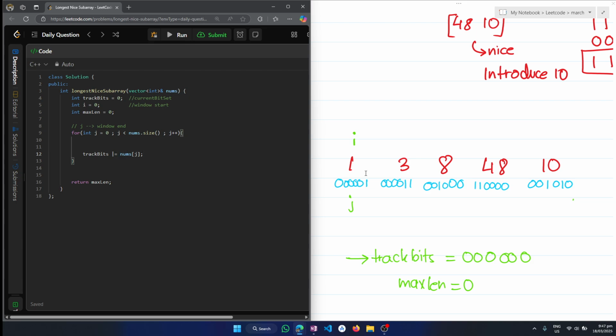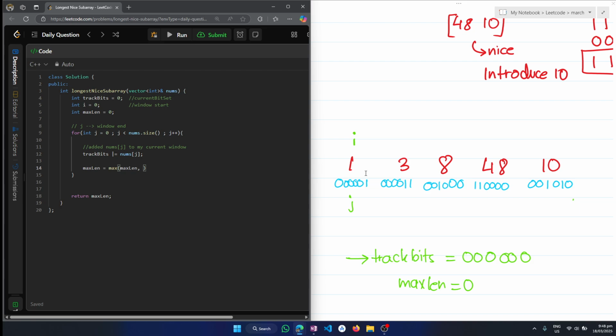After doing this, what I have successfully done is add nums[j] to my current window. And then obviously I'm going to update the max length. I'm going to take the max of what max length currently is and what my new window size is. So again, this is something which is fixed.